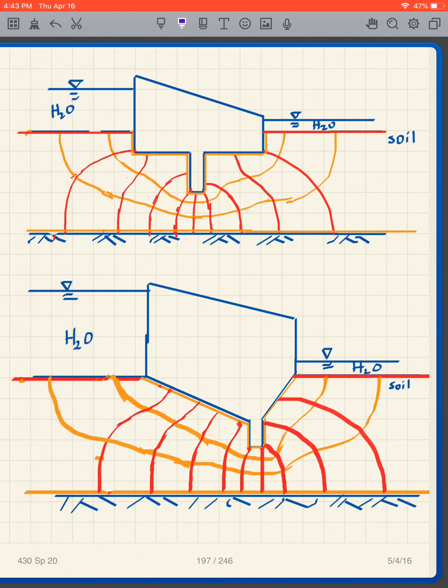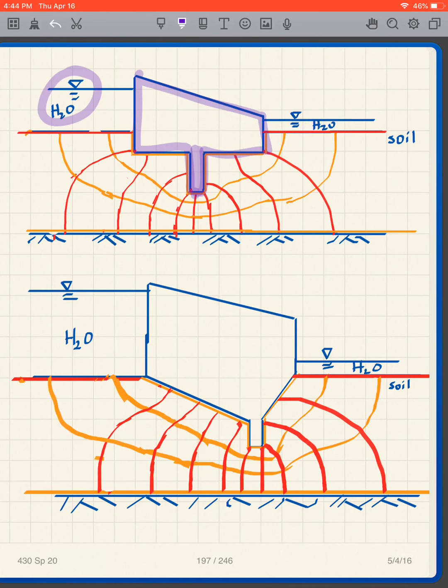Okay, so the concept is this. I have a dam here. This dam has a cutoff wall. This is a cutoff wall here. And the purpose of building a dam is that you're making a lake. So you have a lake on one side with a high water level and a downstream side with a low water level.